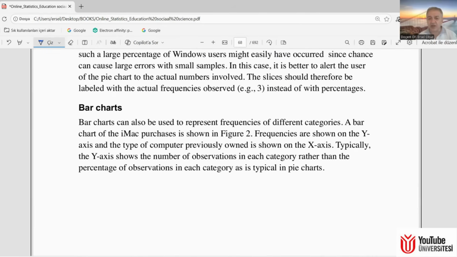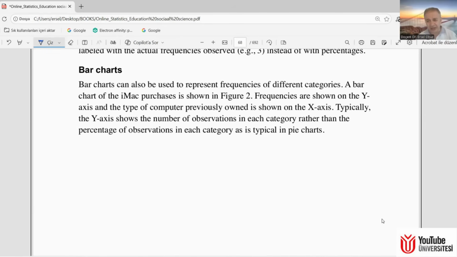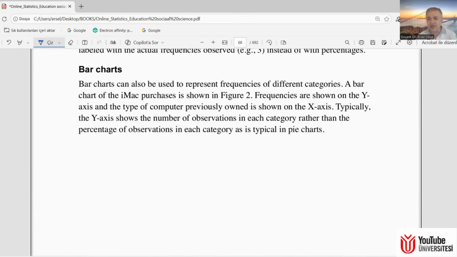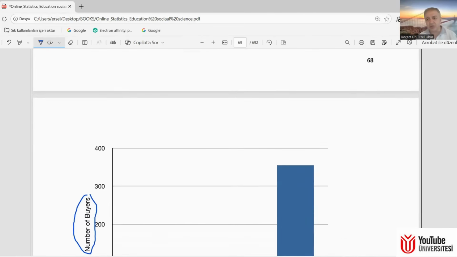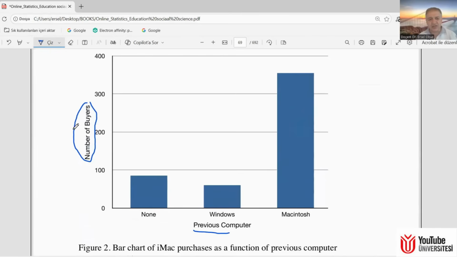Let's look at the bar charts. We can put the same data on a bar chart. Bar charts are also easy to read. The number of buyers is going to be on the y-axis, and the categorical variable, previous computer, is going to be on the x-axis.